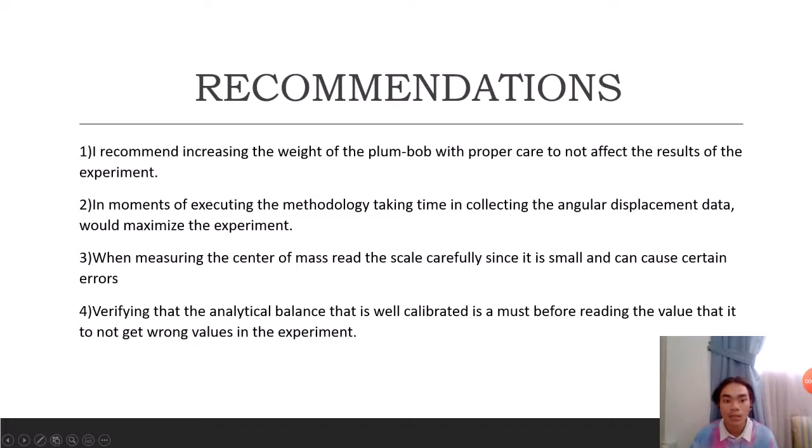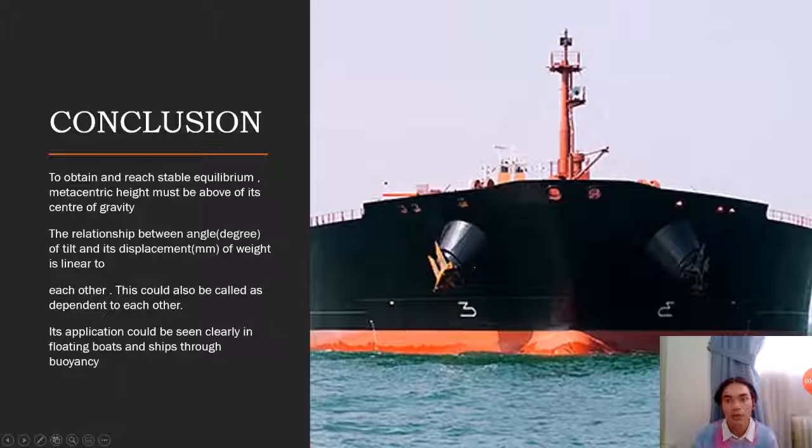Third is to read the scale carefully since it is in particular really small. And fourth is that we have to verify the analytical balance is well calibrated so that we do not come up with wrong values. I think that should be all.